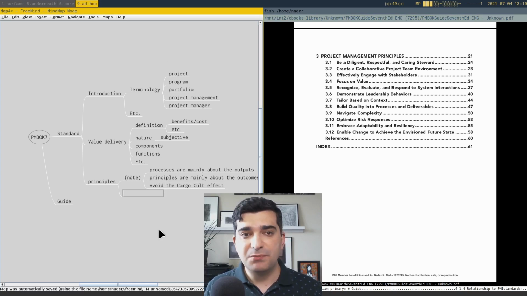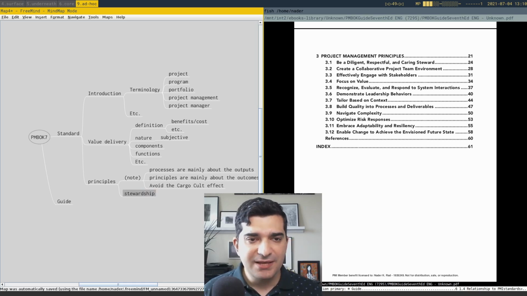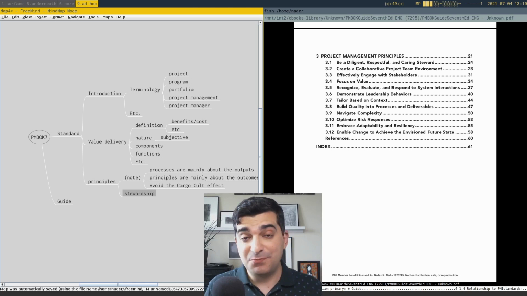The first principle is, I'm going to summarize them, Stewardship. That's the first one. It's about the idea that you're supposed to be a facilitator and a supporter instead of a boss for people.